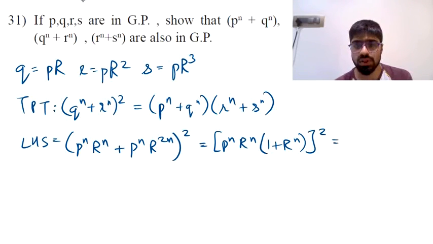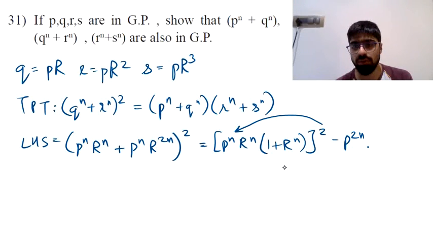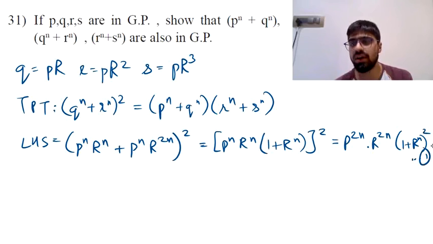So now this square attaches itself with the first term, so P power n the whole square is going to be P power 2n, multiplied by R power 2n, and finally 1 plus R power n the whole square. And we can mark this as our equation 1 that represents our left hand side.